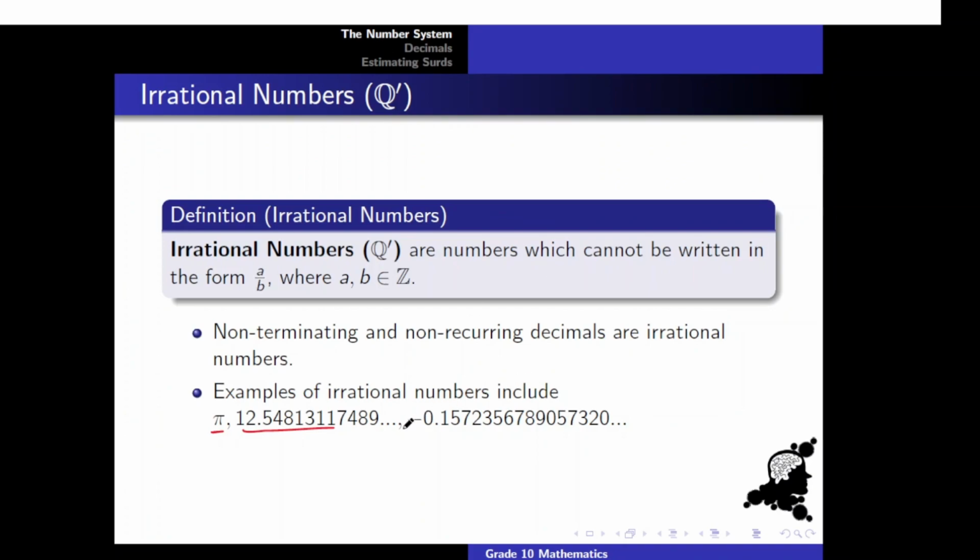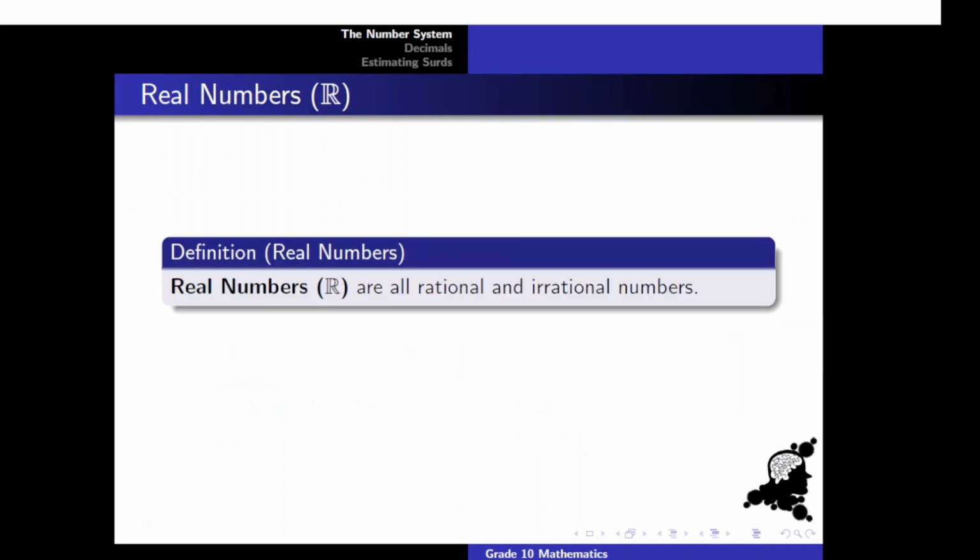But at the same time, the ellipsis indicates that they continue to infinity. This is an example of an irrational number. Negative 0,157, etc. Numbers do not repeat. There's no pattern. The numbers also do not end, therefore this is an irrational number. I hope that this makes sense.